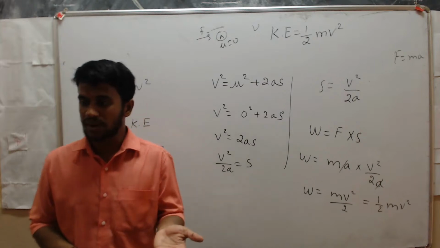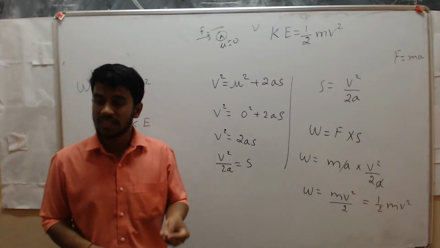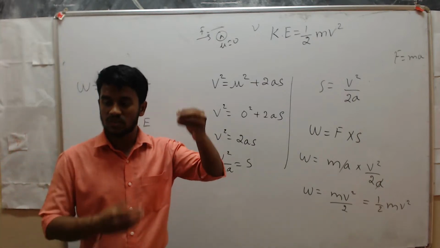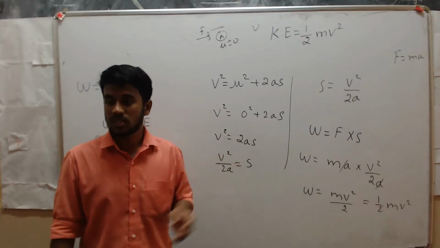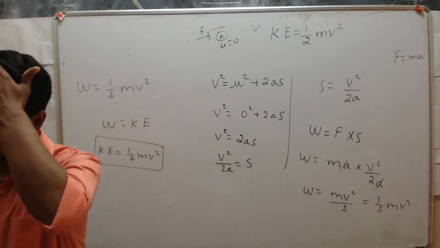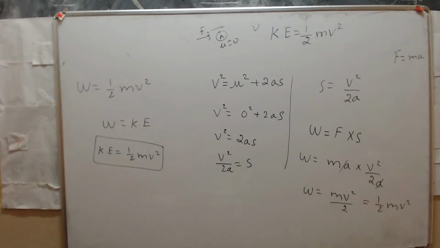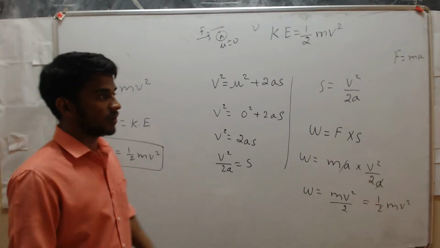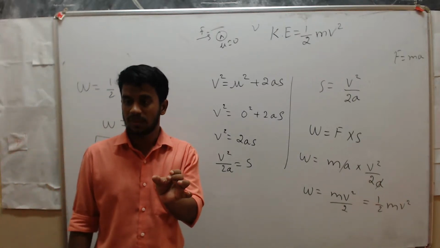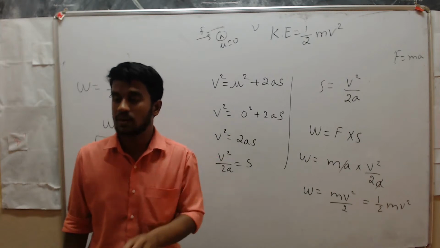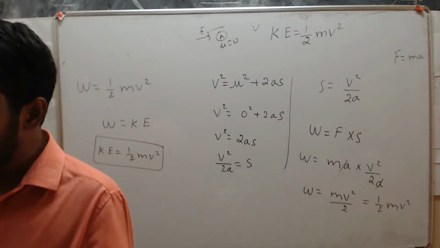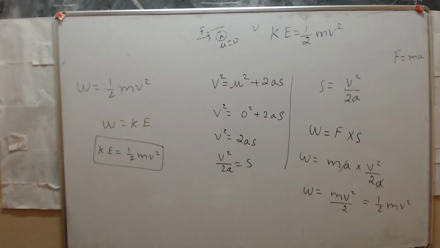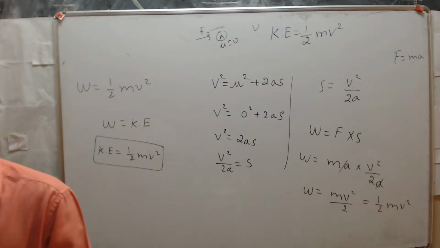But here we are lifting that object against gravity, so that's why we call it gravitational potential energy. So we can't use that m into g into h formula in a compressed spring. There we use half kx square, which you will study in your higher classes.